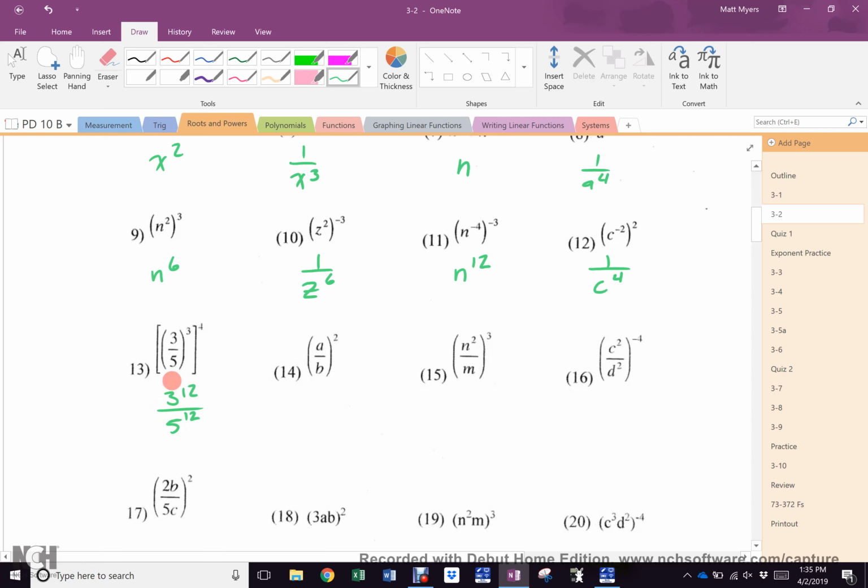If you went all out and you actually did 3 to the 12th divided by 5 to the 12th, the answer is 0.00217. But again, this is what's important because we're dealing with exponent laws this unit, okay?